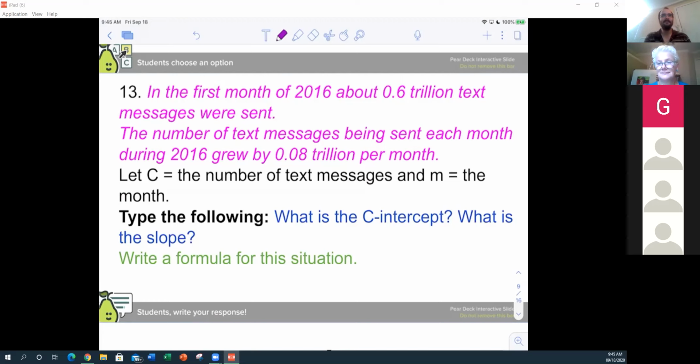Well, you said the C-intercept? C equals the number of text messages, so 0.6 trillion. 0.6 trillion, right. Good. And then what is the slope? 0.08. Yes.